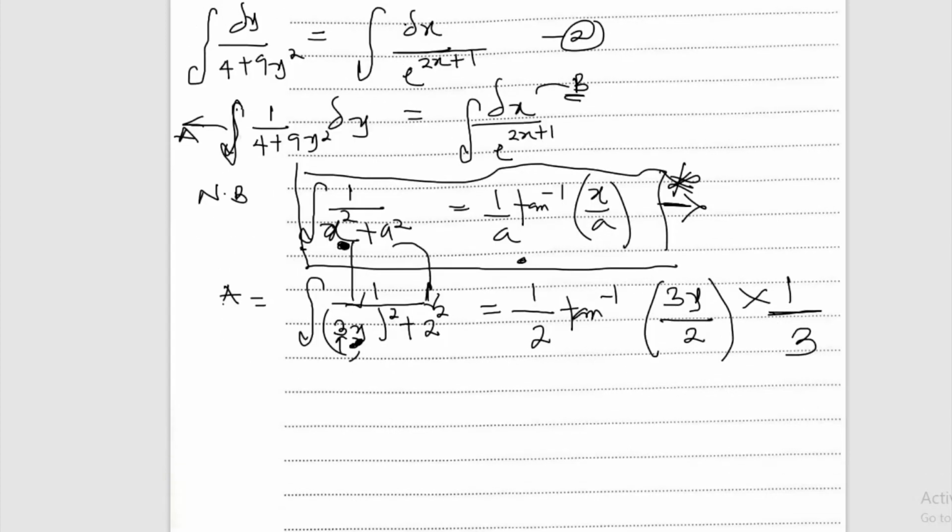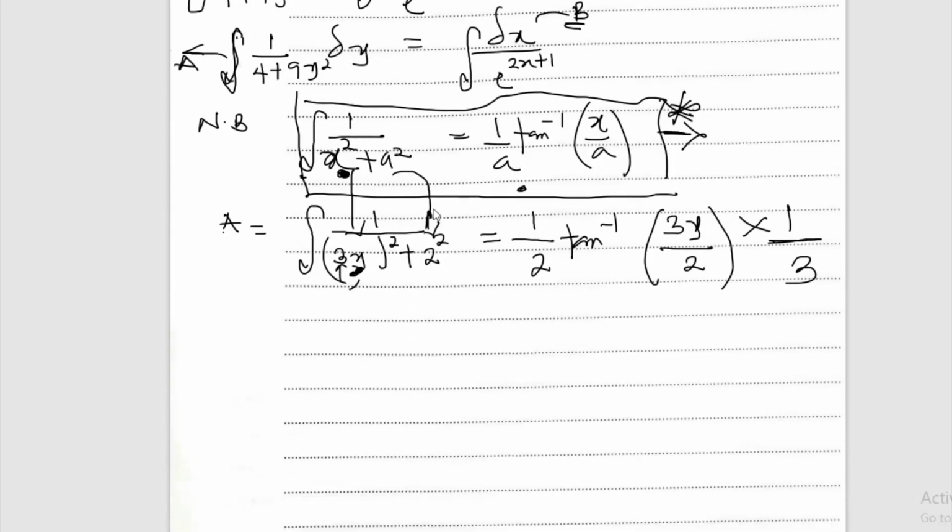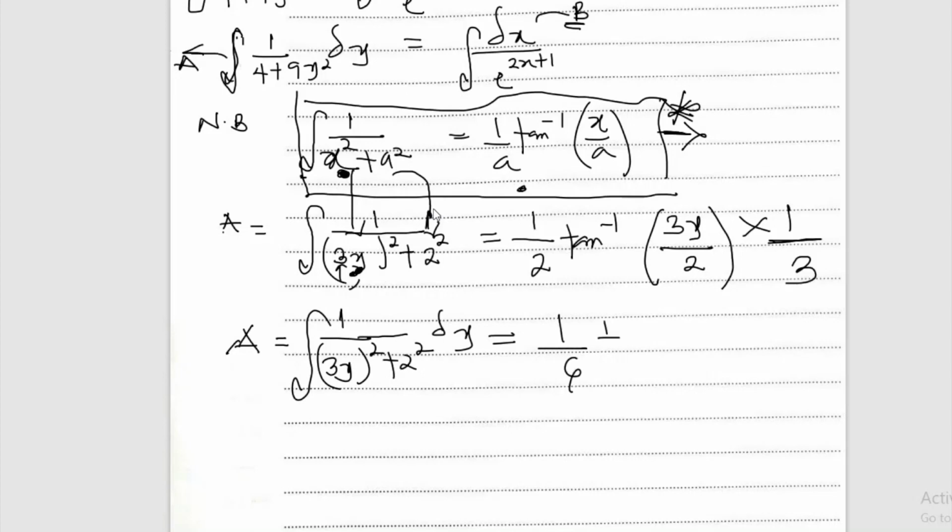So the integral of A, which is the integral of 1 over (3y) squared plus 2 squared dy, the answer will be 1 over 6 arctan of 3y over 2.